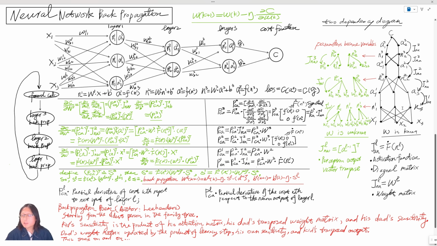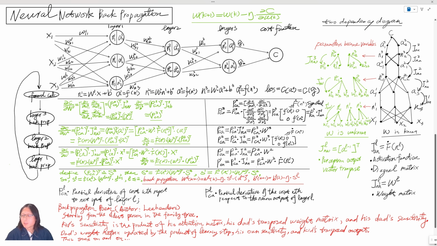And in this part, there are a few key Jacobian matrices we introduced in the last video. I'll repeat them here. The Jacobian matrix between the neuron output and the neuron net input is a matrix of the partial derivative of the activation function, which is a diagonal matrix, which makes it very easy to calculate.